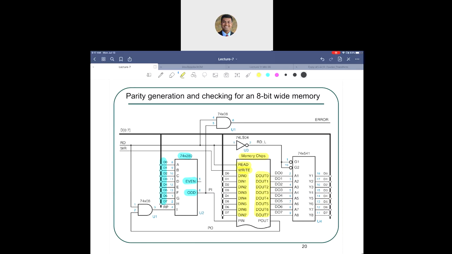So with memory chips, I can put in information and I can read out information. And as you can see, there is a connection between the parity generator and the memory chip. That means I'm also storing parity and I'm also reading parity. So this parity is being stored as well.